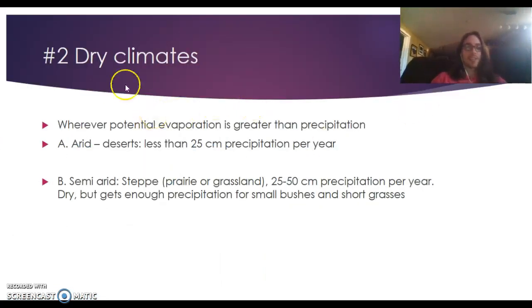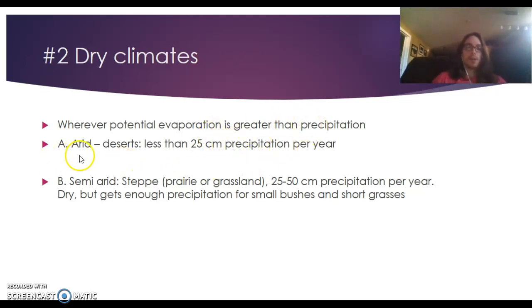All right, so the second region is going to be the dry climates. When you think of the dry climates, think of deserts, basically. There are two distinguishers for dry climates as well, but they're typically classified by wherever potential evaporation is greater than precipitation. If there's more water being evaporated into the air than is falling from the sky, that's going to be a dry climate.